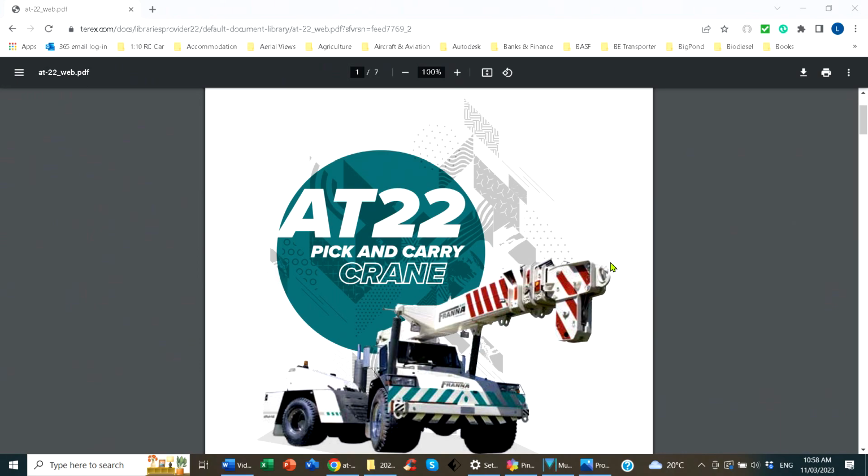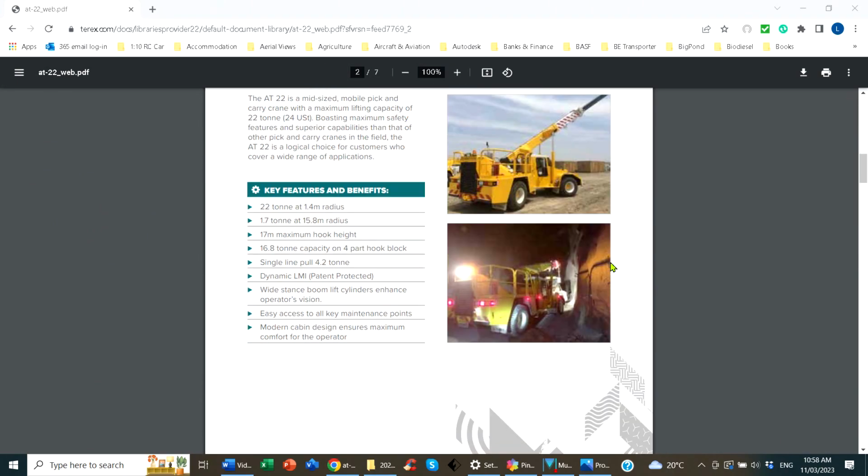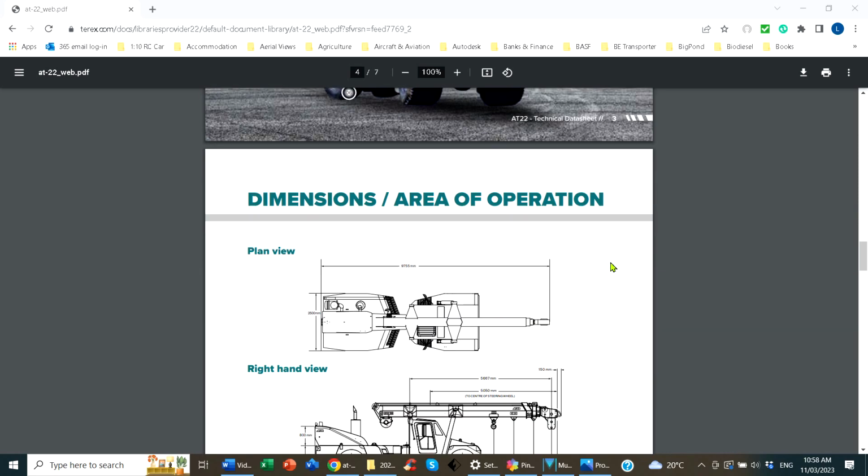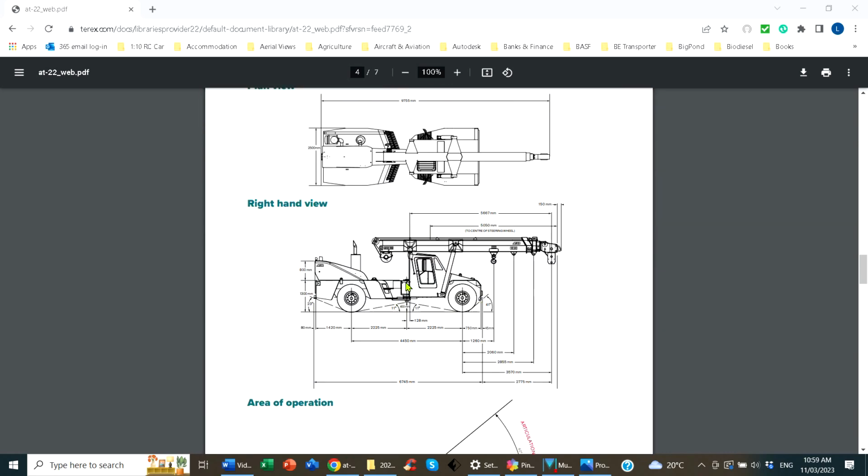We're focusing today primarily on articulated vehicles because they are just the worst. It's difficult in some cases to work out what the stability point actually is. And I'm going to use a Franna as an example, a Terex Franna tractor crane. So here's a Franna, typical AT22 pick and carry crane. And it's an articulated vehicle here, booms on the front, counterweights on the back.